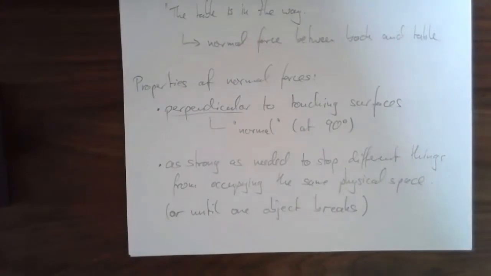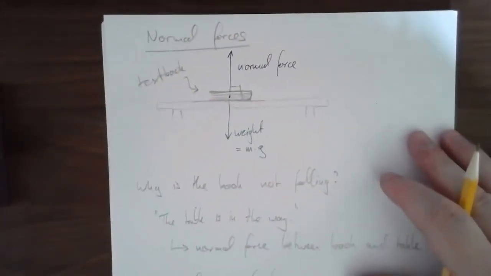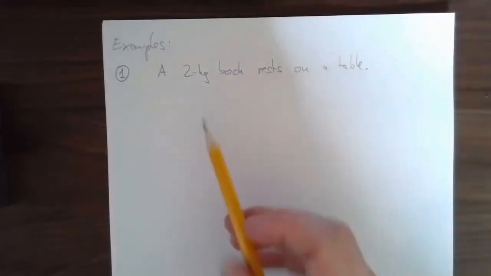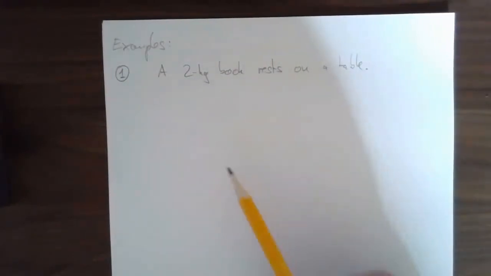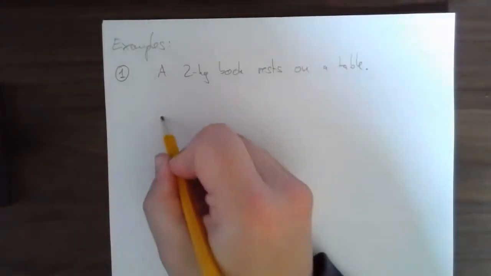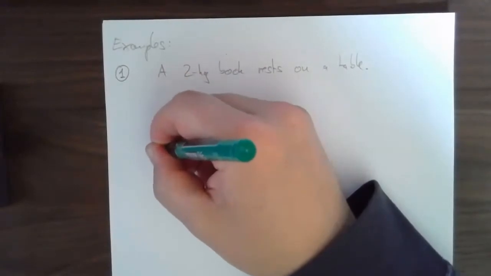Okay, so let's just look at some very simple examples of this type of scenario. Here's number one, the one we just looked at. I imagine it's a 2 kilogram book. It's resting on a table. Well, let's find the normal force. I'll just quickly draw it again. So I'm going to do my free body diagram.